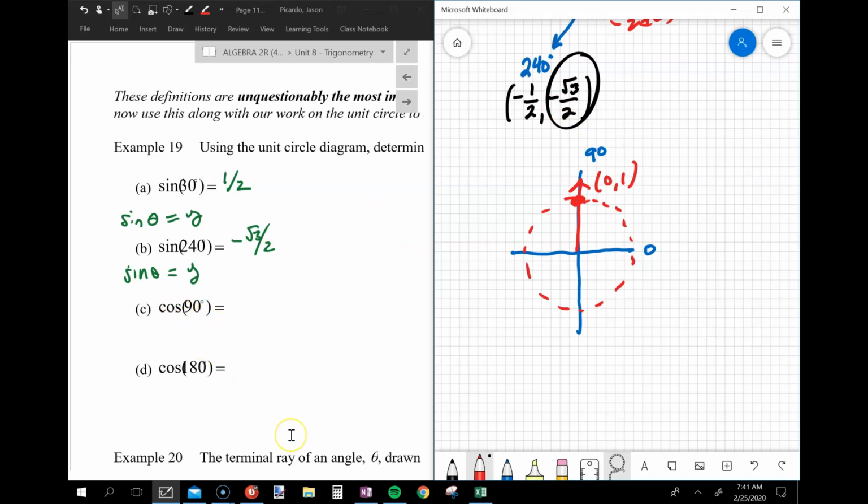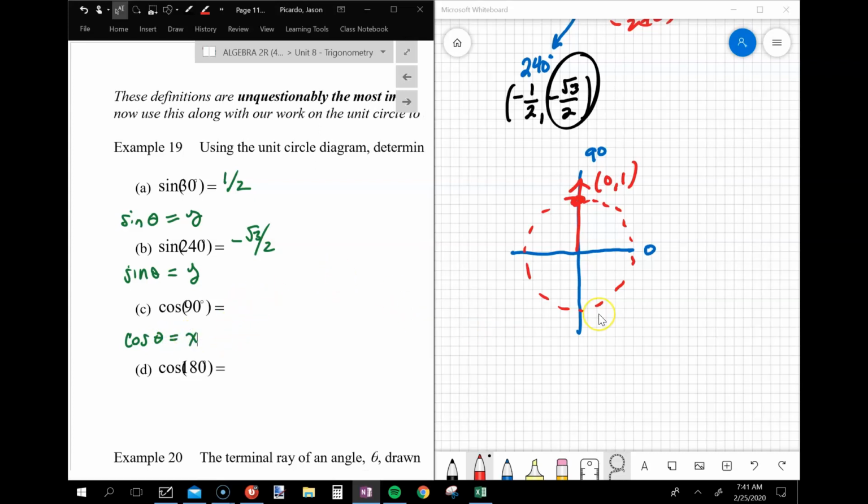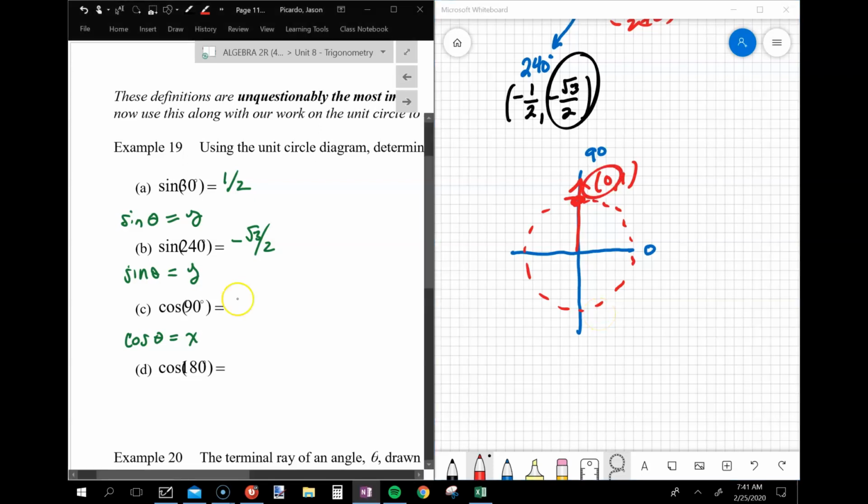Well, what is the cosine value? And in this case, what is the value of the x? It's 0. But cosine of 90 equals 0.